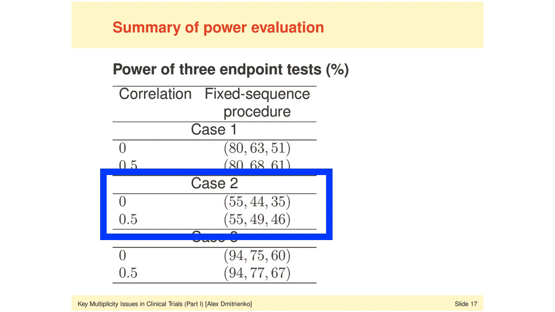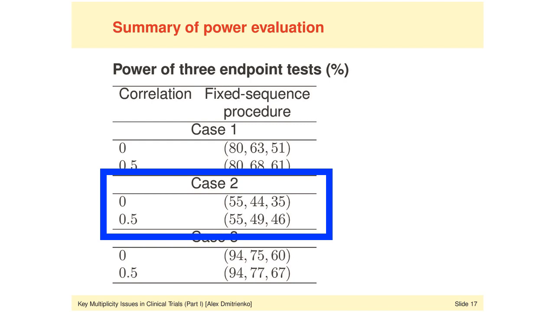And you can see here that as a result of this failure to meet the monotonicity condition, marginal power for the second and third endpoints are below 50%, even though the endpoints were originally powered at 80%. It's of course a dramatic loss of power, and that is true for both correlation scenarios, when the common correlation coefficient is 0 or the common correlation coefficient is 0.5.